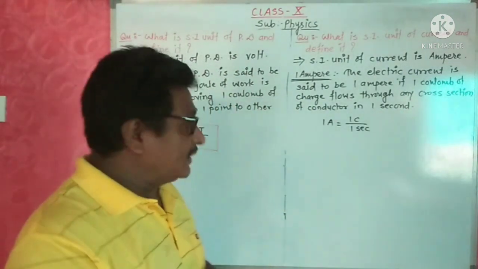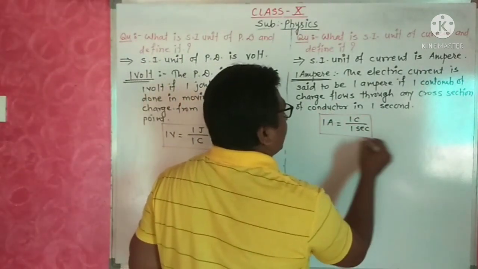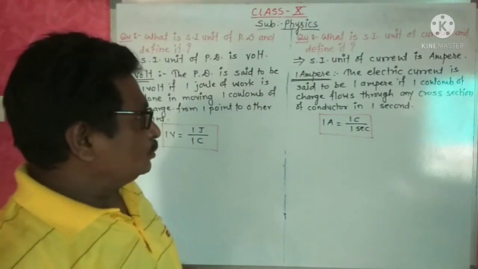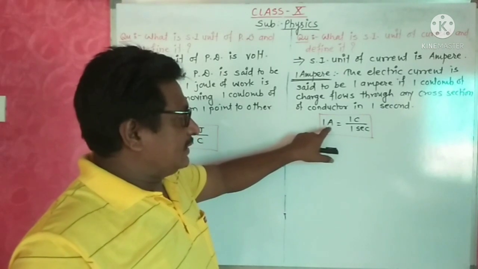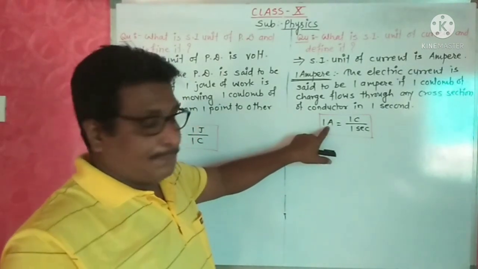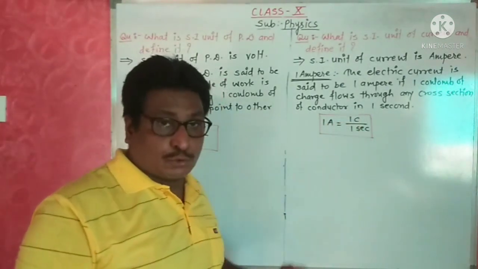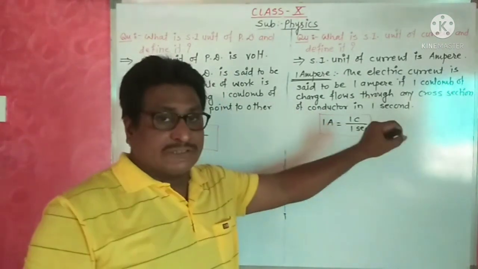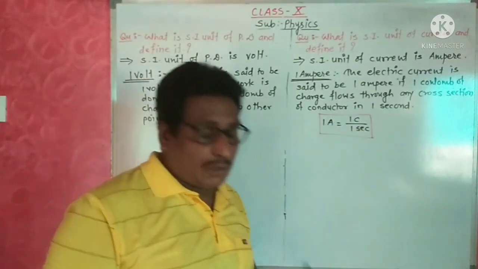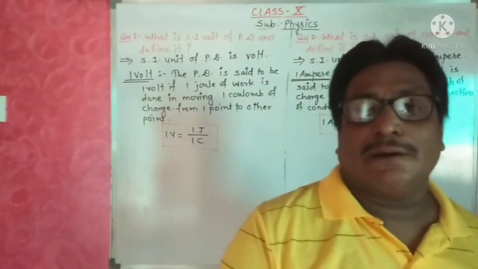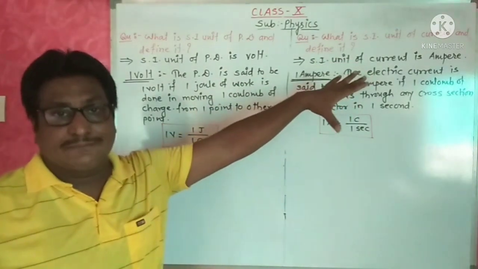For this we have to remember, 1 ampere equals 1 coulomb by 1 second. So the electric current is said to be 1 ampere if 1 coulomb of charge flows through any cross section of conductor in 1 second. It is called 1 ampere current. So hope you understand how to write the answer of the question.